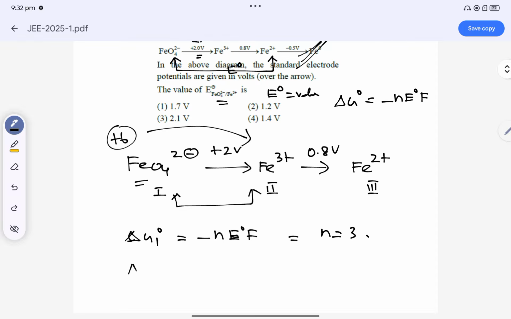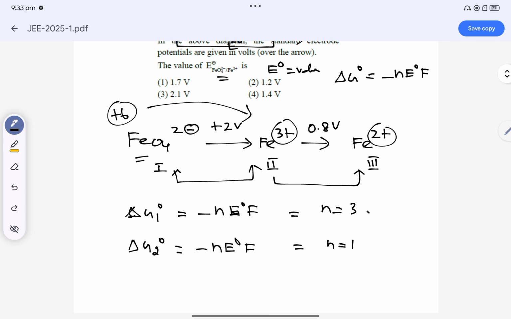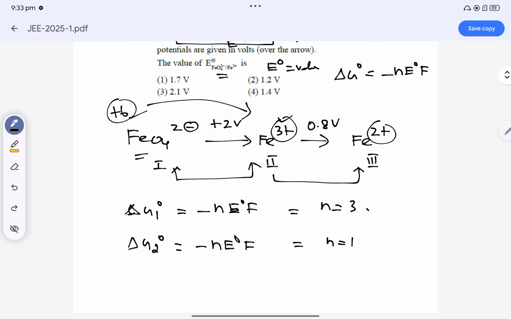Then del G2, that is this conversion, is minus n E naught F. Here the value of n will be 1, Fe3+ to Fe2+, the number of electrons involved is only one. Here plus 6 to plus 3, the difference is 3 electrons involved.